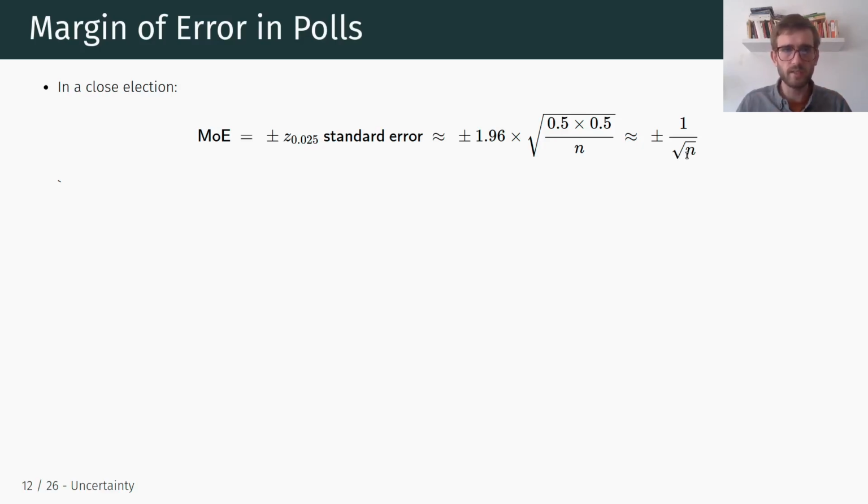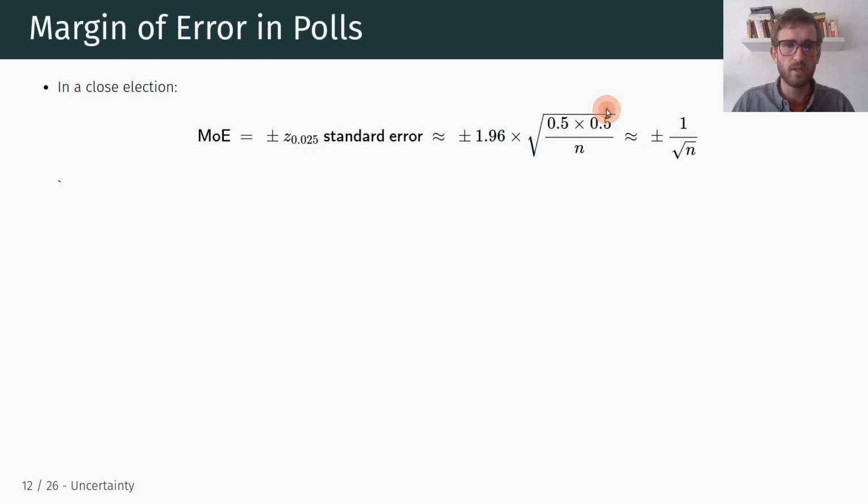There are two things here. Of course, the margin of error decreases as the sample size increases. That's one important point, and it makes sense: the larger the sample, the lower the uncertainty. But another key point that is often overlooked is that the margin of error also depends on how close the election is.